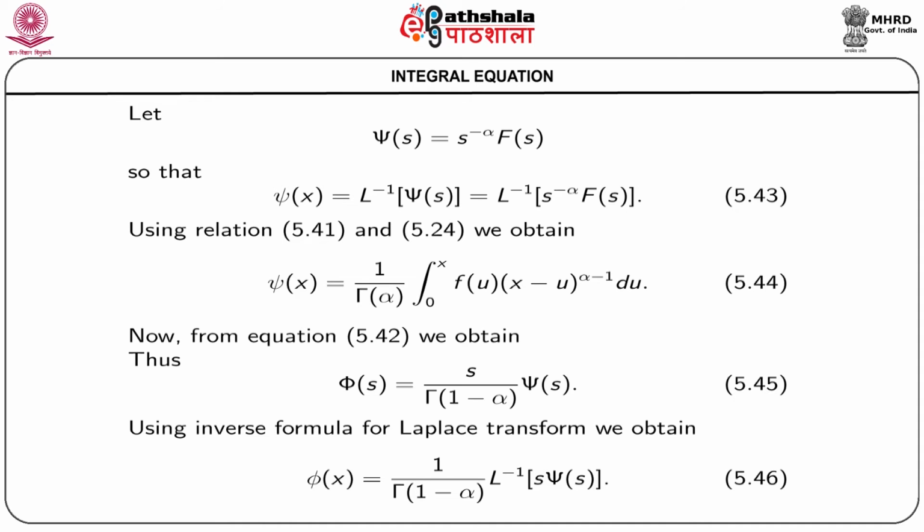The right hand side of equation 5.44 is written as the convolution of functions f u and x to the power alpha minus 1.